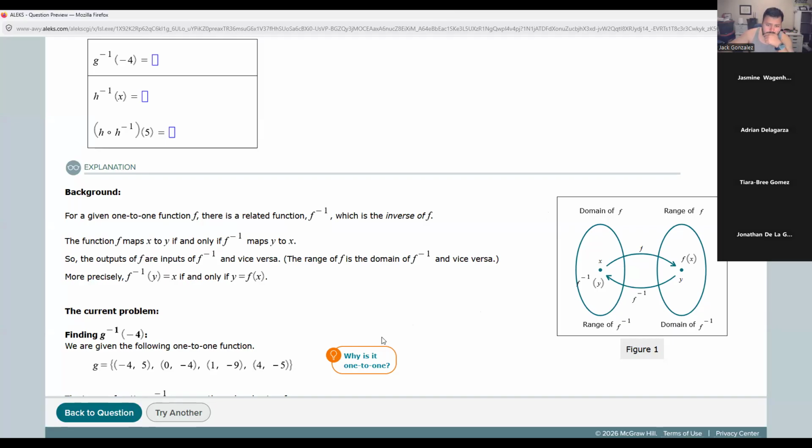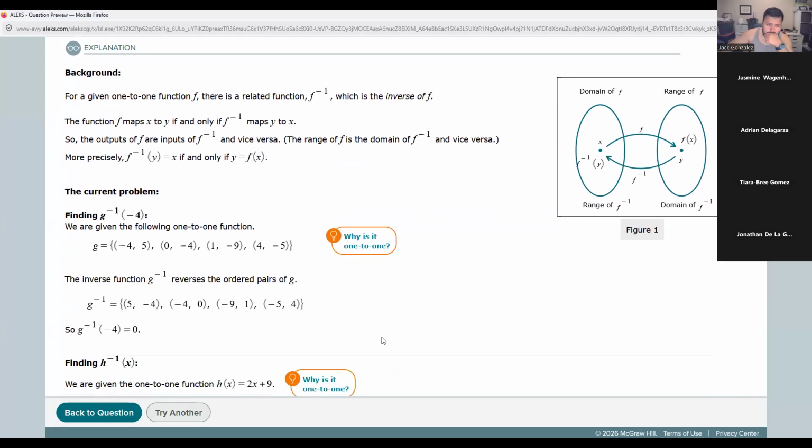So for a given one-to-one function f, there's a related f inverse. There's another way to write the notation: f negative 1 means the inverse of f. In a nutshell, what does a function do?